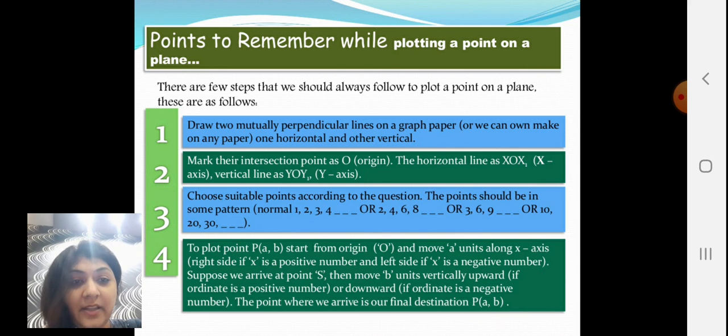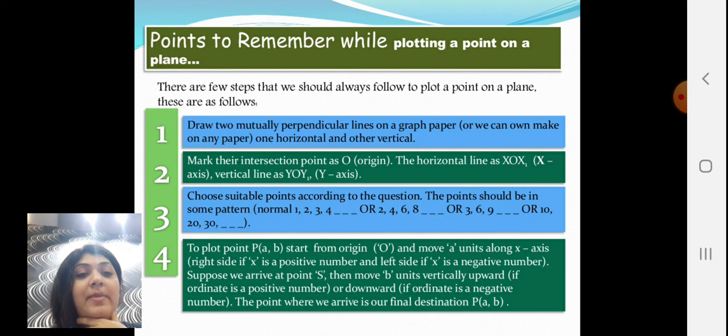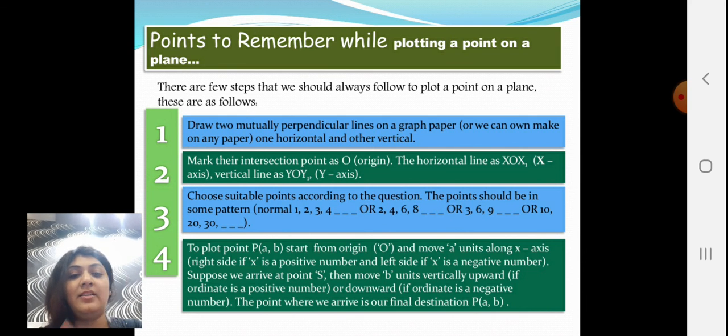Make their intersection point O, the horizontal line as XOX' and the vertical as YOY'. Choose suitable points according to the position. The scale should follow some pattern like 1, 2, 3, 4 or 2, 4, 6, 8 or 3, 6, 9, 12. So you should always choose one pattern to plot the points. This pattern will be fixed for the entire graph.